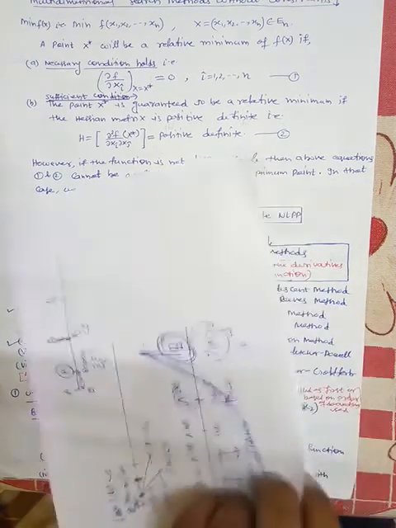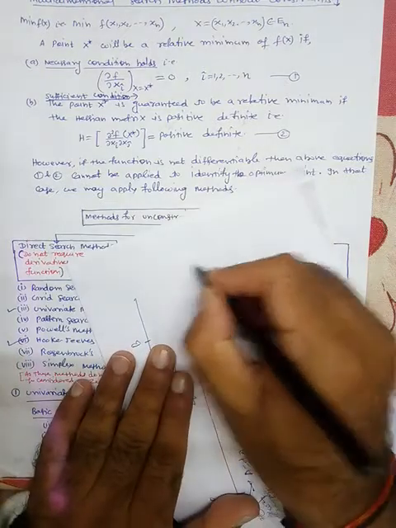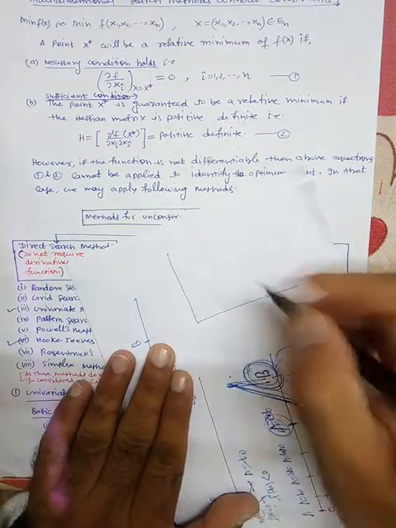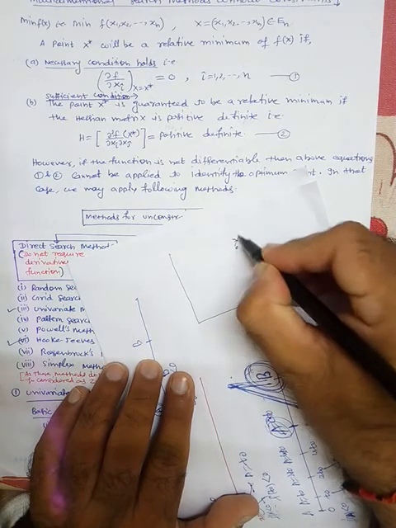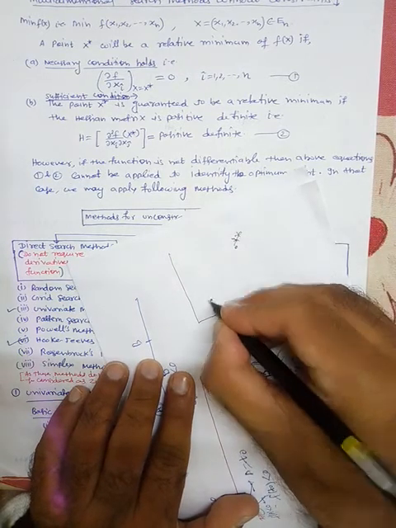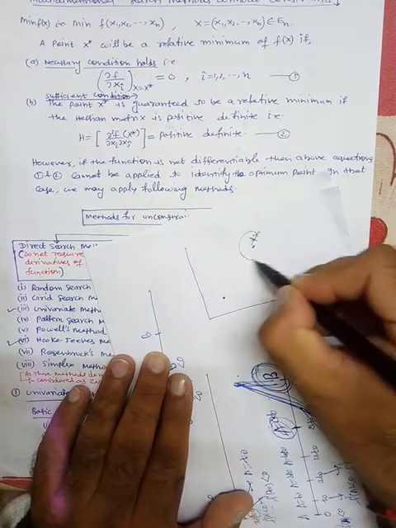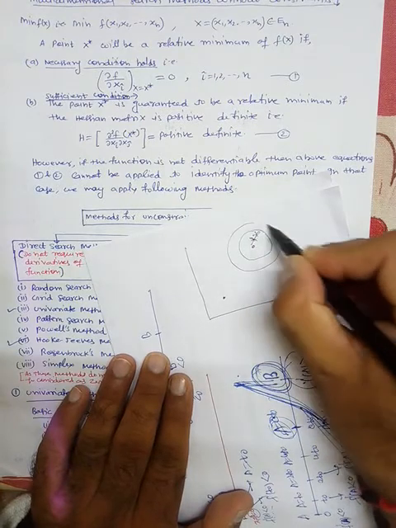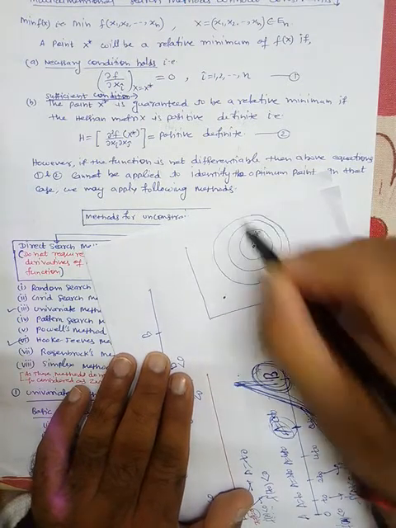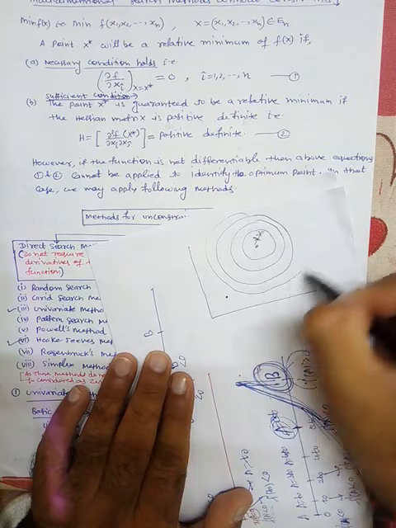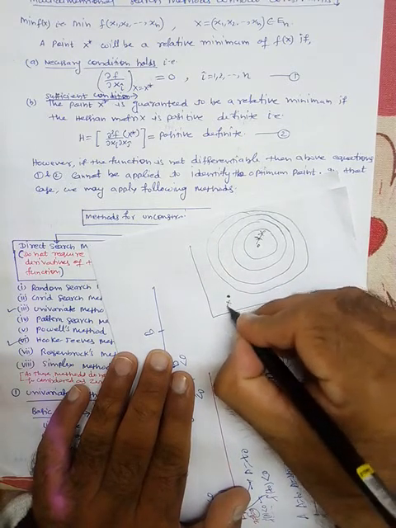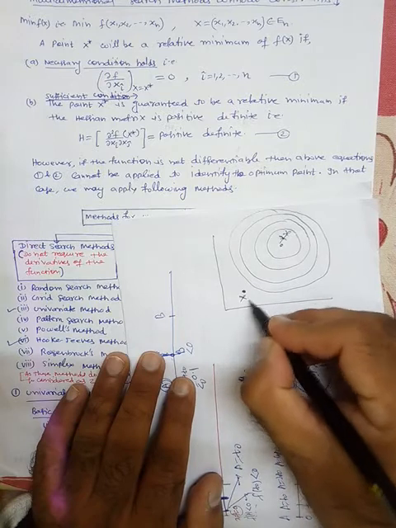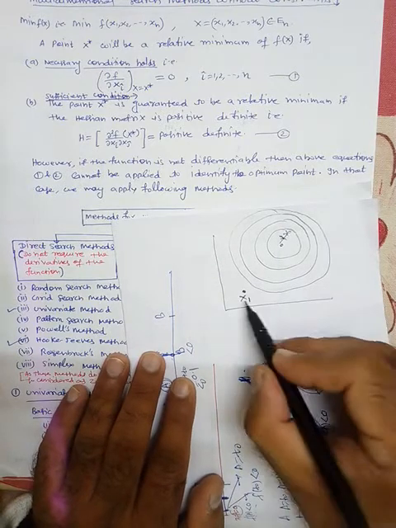For example, here suppose this is the optimum solution, x star. We have started here. For example, this is the contour of the problem. Suppose we have started from here, denoted by capital X1.